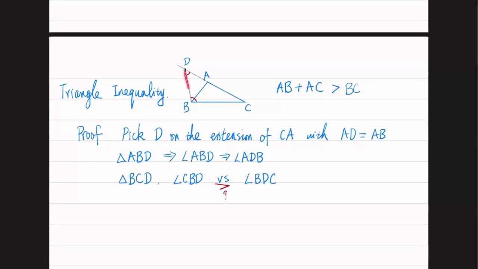Why this? Well, we can see on the graph it is bigger, but how do we justify our claim? Aaron, what do you think? Well, CBD and BDC are somewhat the same thing, to be honest.